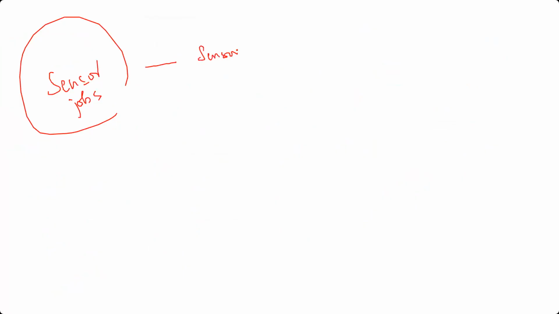Now let's look at something called sensor jobs. Sensor jobs hold a similar notion to what a sensor is. A sensor is something that is always watchful of some specific event, and when that event occurs, it captures the log.